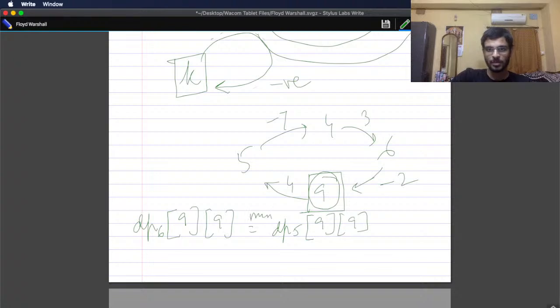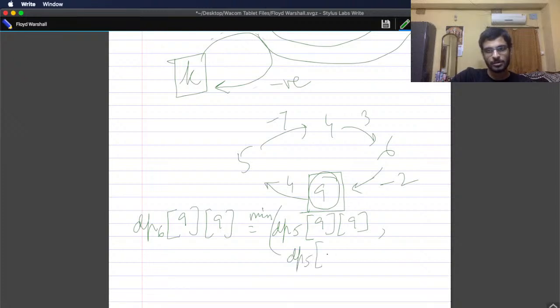But it will do something like dp5 from 9 to 6 plus dp5 from 6 to 9. This value is stored for 9 to 6, using nodes up to 5: 4, -7, 3, so it becomes 0.